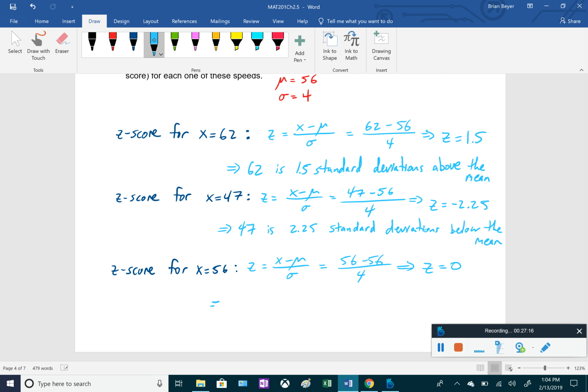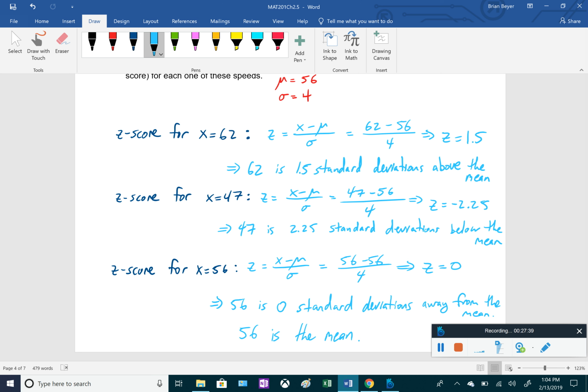What this means is 56 is 0 standard deviations away from the mean. And what this obviously means is 56 is the mean. This data entry just so happened to be equal to the mean.